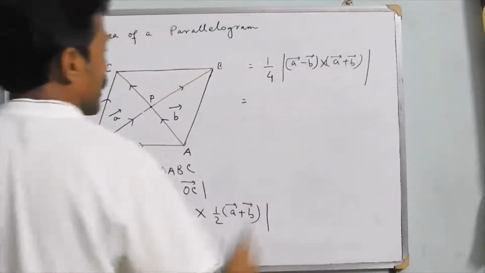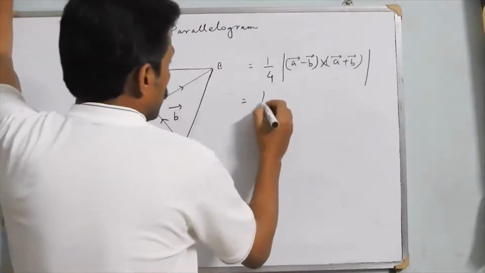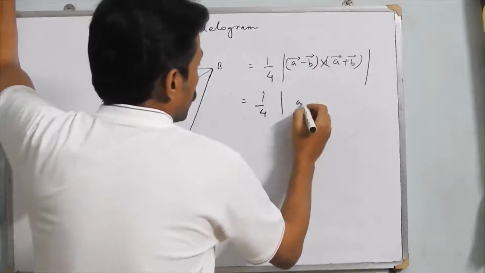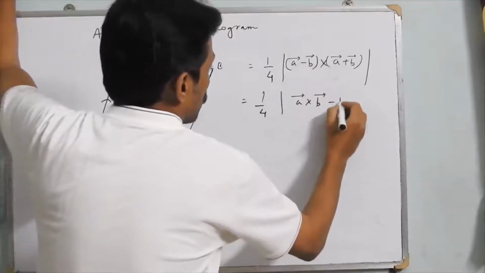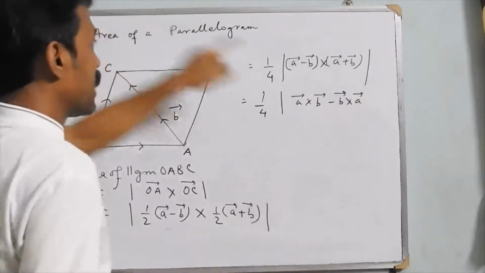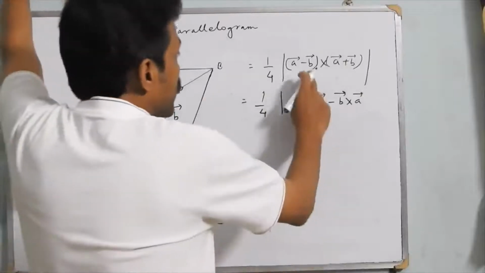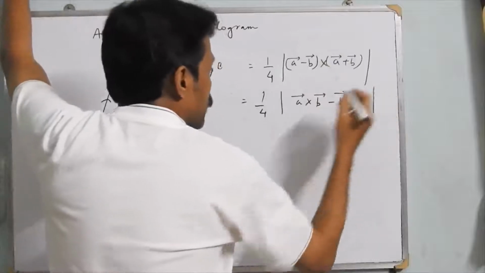So now if I expand it, A vector cross A vector is 0 vector. A vector cross B vector minus B vector cross A vector, minus B vector cross B vector, which is again a 0 vector. So B vector cross B vector is 0 vector, A vector cross A vector is 0 vector, which I have not written.